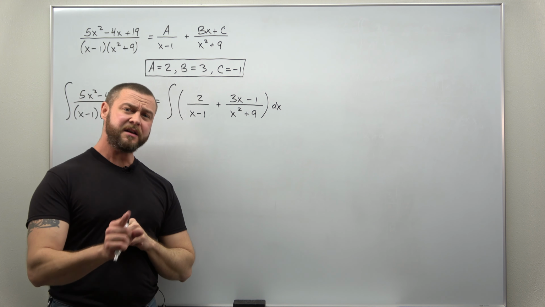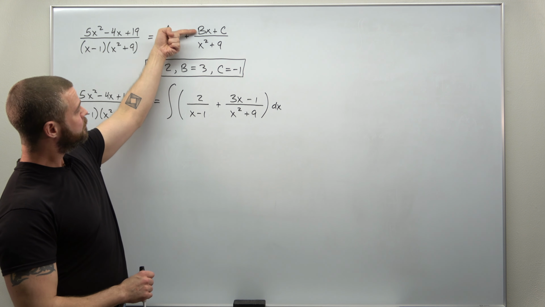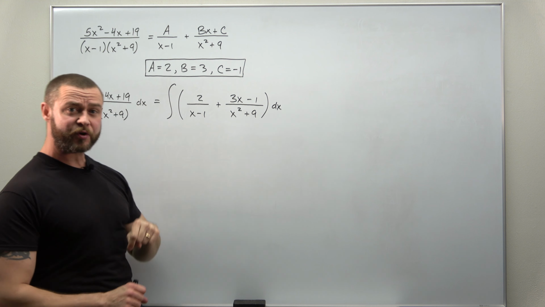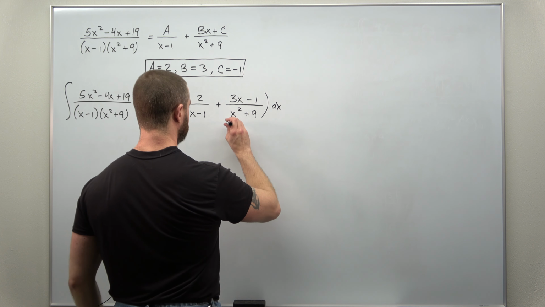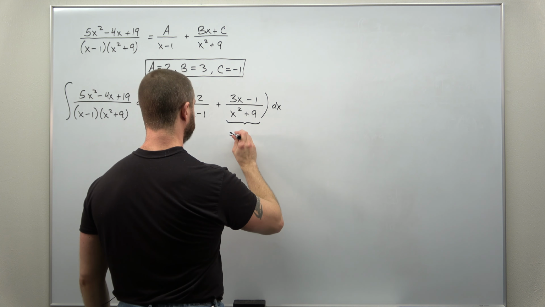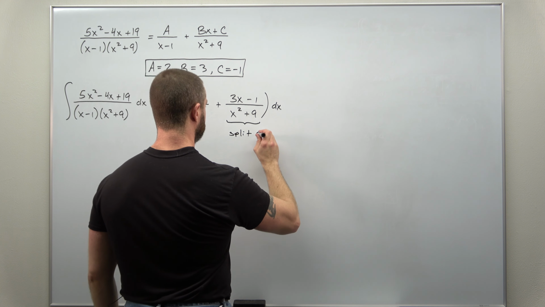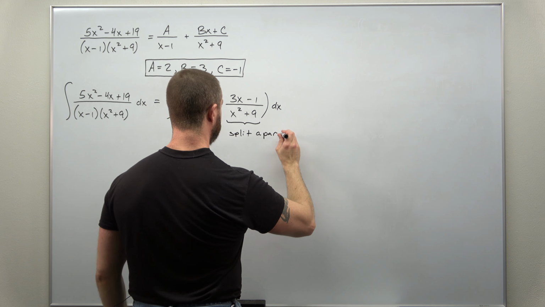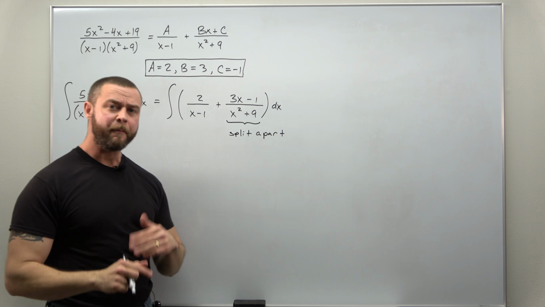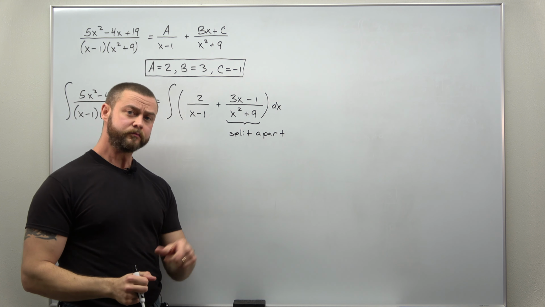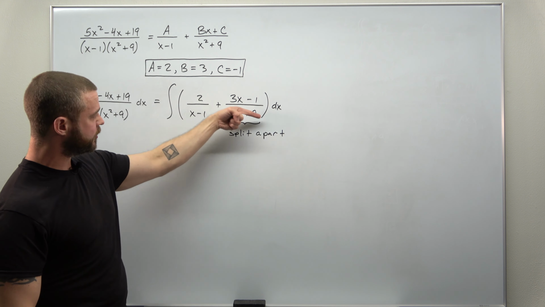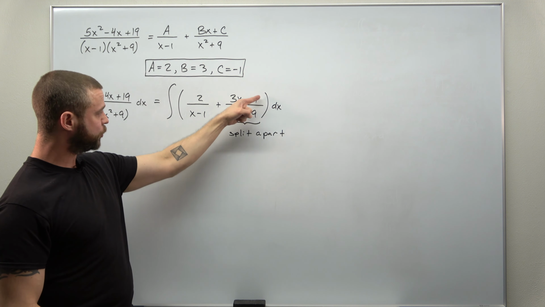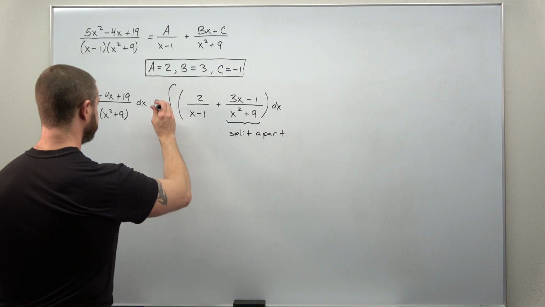The best tip I can give you when dealing with bx plus c over a quadratic factor is to split that apart. In other words, we're going to split it apart into 2 fractions, just using some basics of fractions. So let's go ahead and write that down. We're going to split this as 3x over that denominator, and then minus 1 over that denominator.